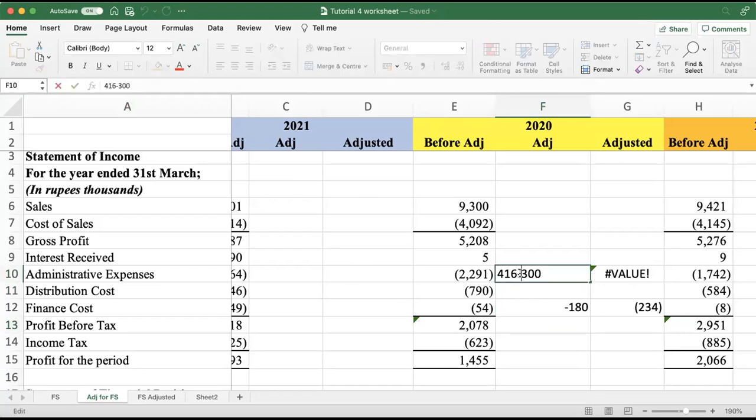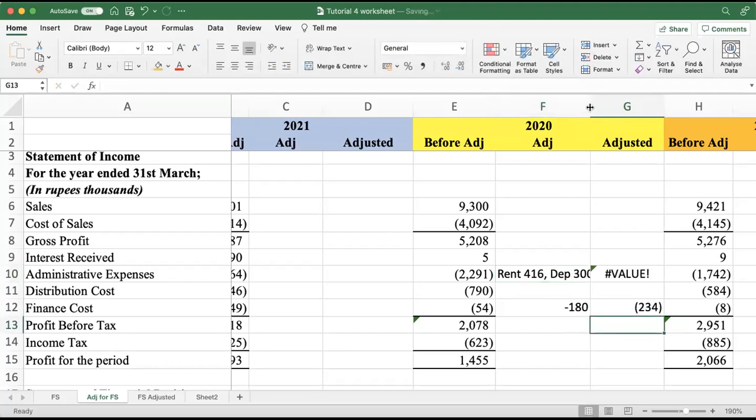Right. Now you see we have adjusted lease rental. So you have deducted lease rental from the administrative expenses. 416 is lease installment, lease rent. And this 300 is depreciation.